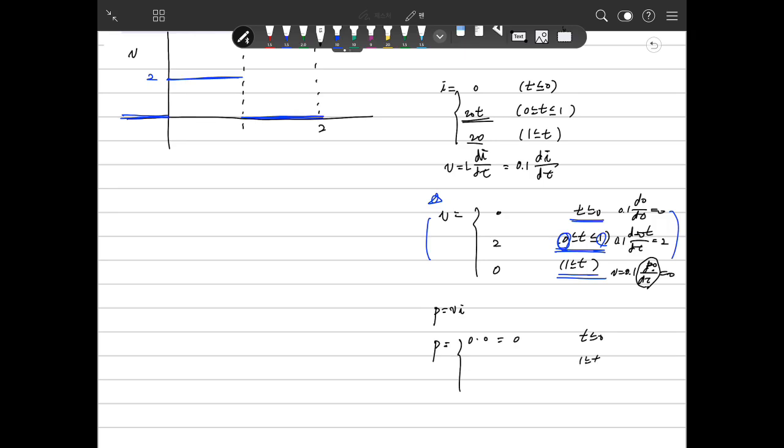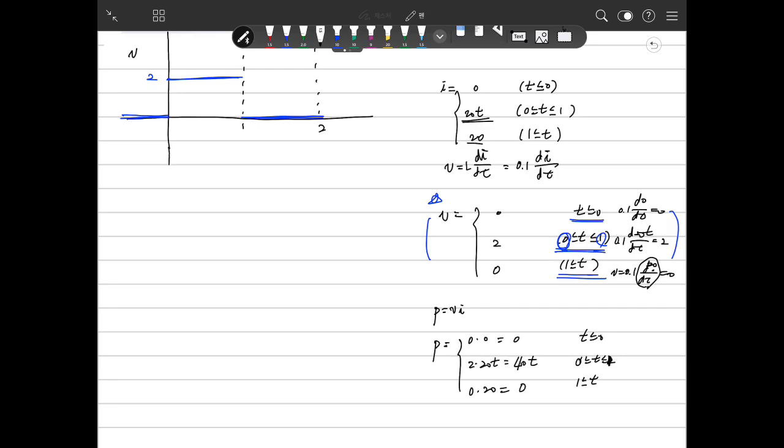Then from 0 to 1, v is 2 and current is 20t, so 40t. And from 1 second, the voltage is 0 and current is 20, so that will be 0.